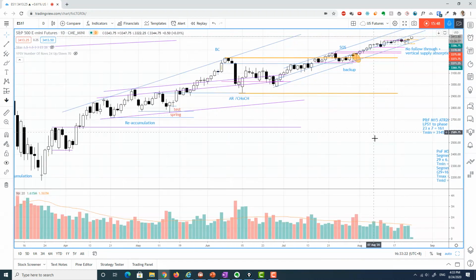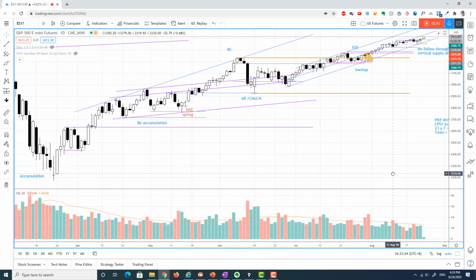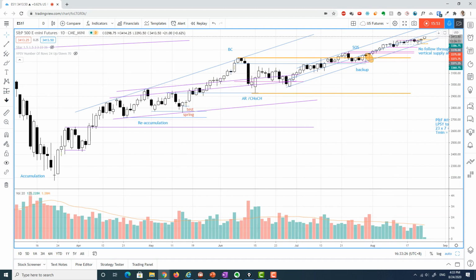So what I do is draw up the channel here. You can see that I just plotted the channel. This is the up channel here, another up channel, and I'm expecting the price movement to trend up within this channel. I think the immediate resistance level could be the middle line here.